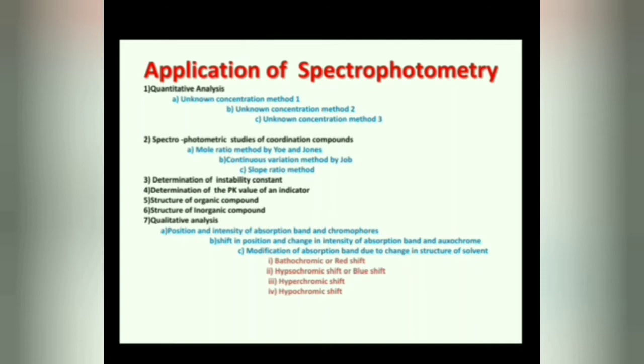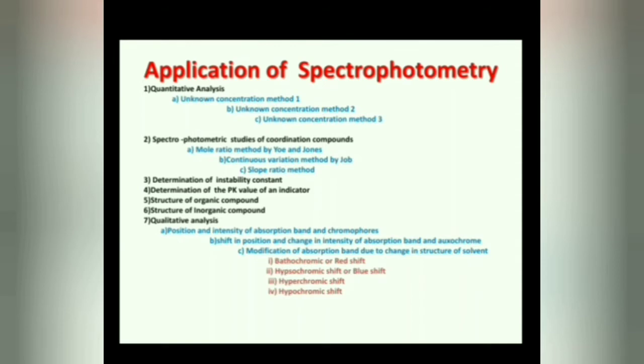Then in the second method, we can find out the unknown concentration by applying Beer's law. For that purpose, we consider two equations: A1 = a1 b1 C1 and A2 = a2 b2 C2, which are nothing but Beer's law for the known and the unknown concentration.